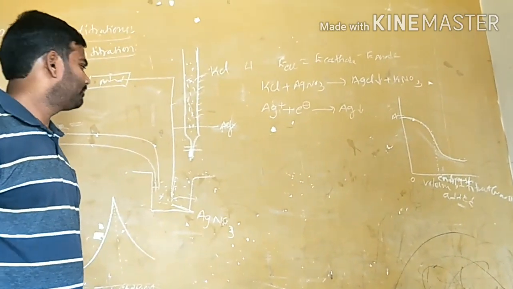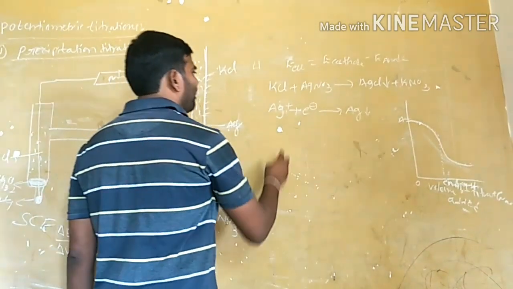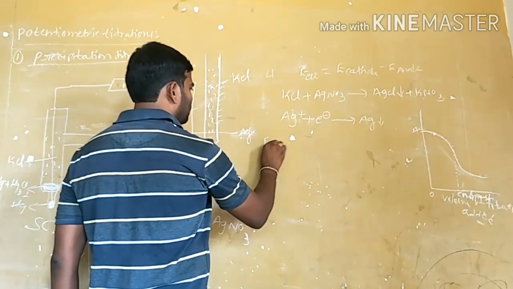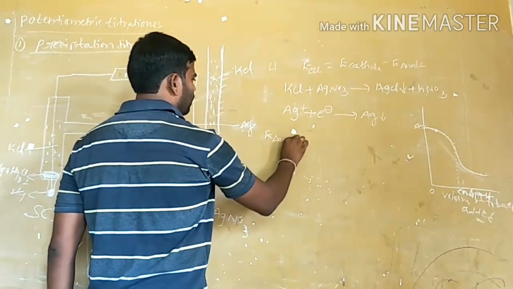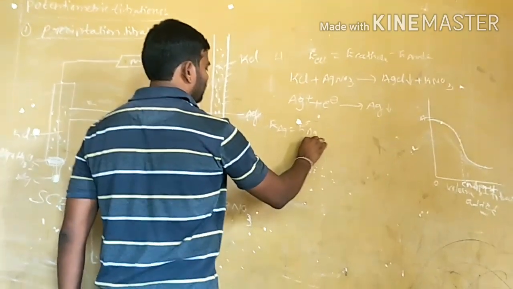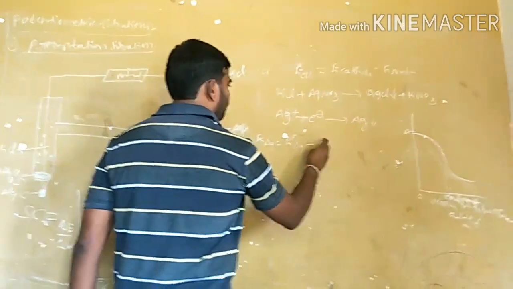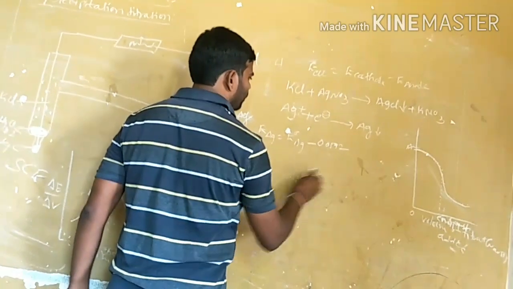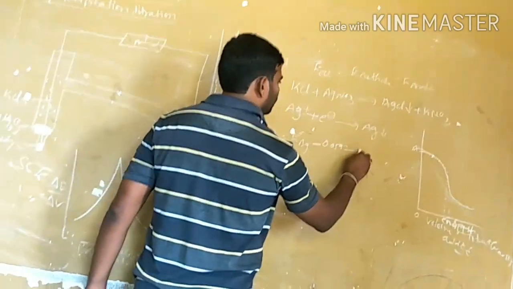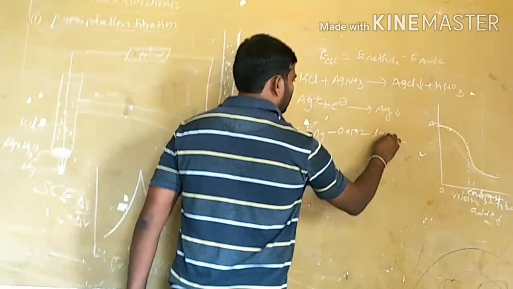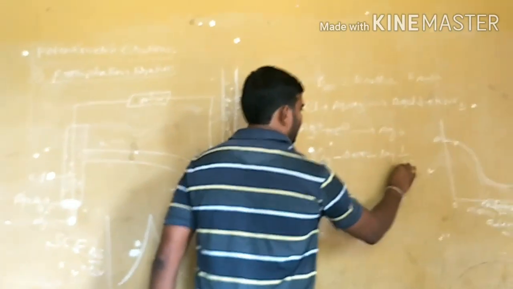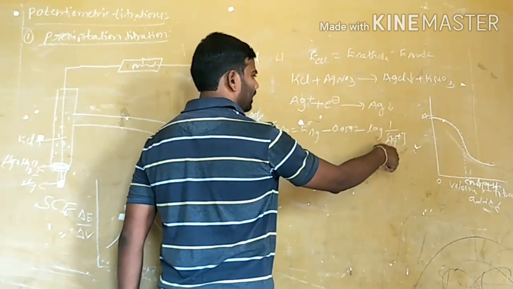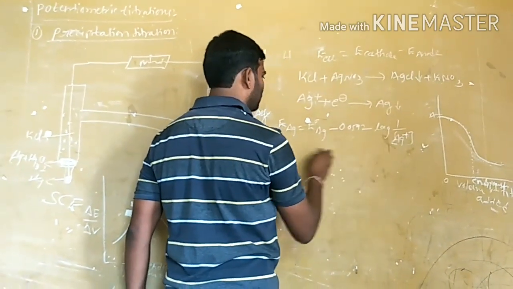Here, this silver electrode potential value is E of Ag equals E naught of Ag minus 0.0592 log 1 by Ag plus ion concentration, because it is product by reactant, and the reactant is Ag plus ions.